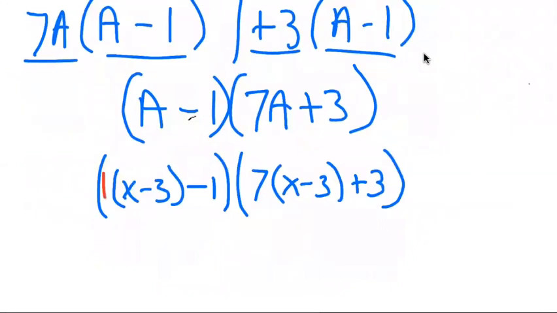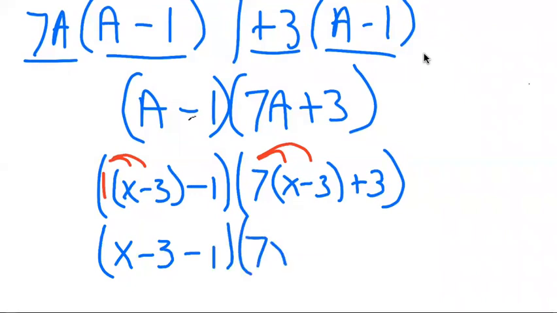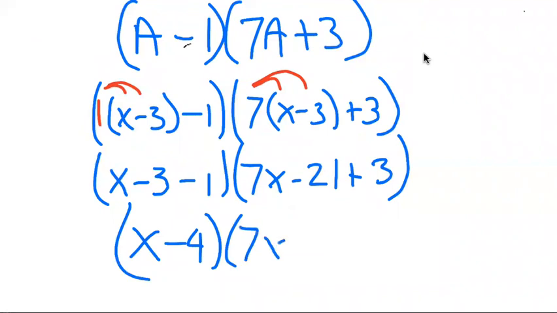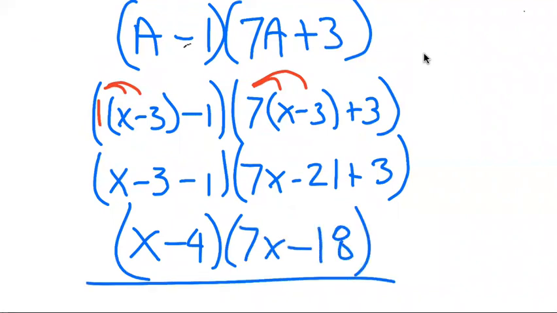There's a 1 in front of this bracket. We're going to bomb that in to get rid of the brackets and combine and simplify. And we're going to do the same with the 7 over here. So this is going to be x minus 3 minus 1. This is going to be 7x minus 21 plus 3. x minus 4. 7x minus 18. Factored.